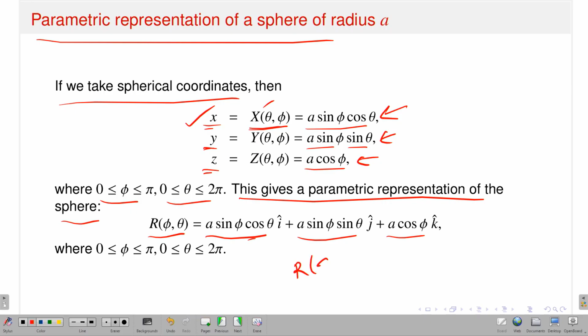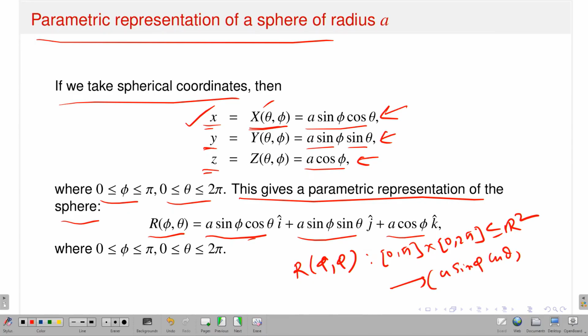So that means you can write r of phi comma theta as a map from 0 to pi, for phi, cross 0 to 2 pi, which is a subset of R2, to R3. That means it is nothing but a sin phi cosine theta, a sin phi sin theta, and a cosine phi, which is an element of R3. So this is the parametric form of your sphere.